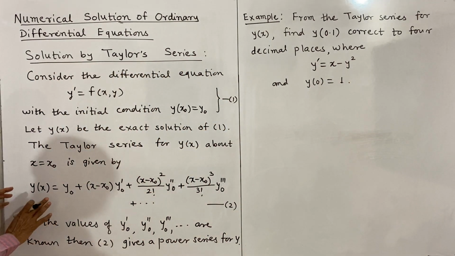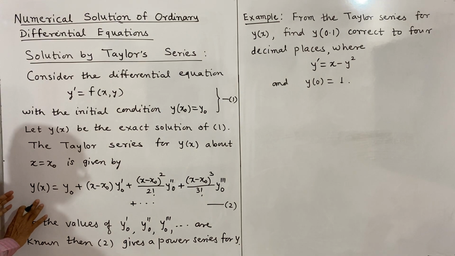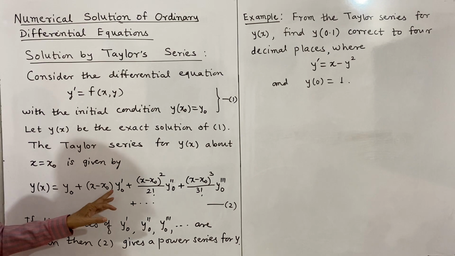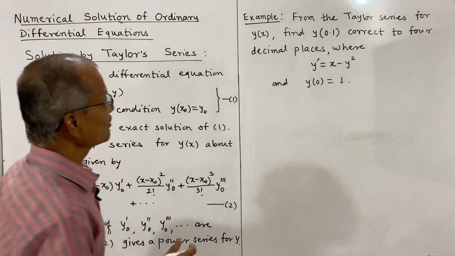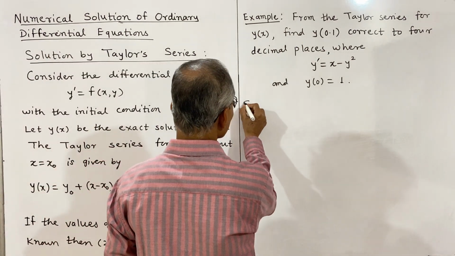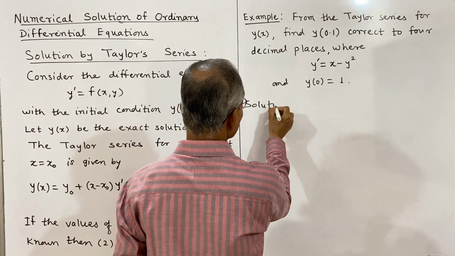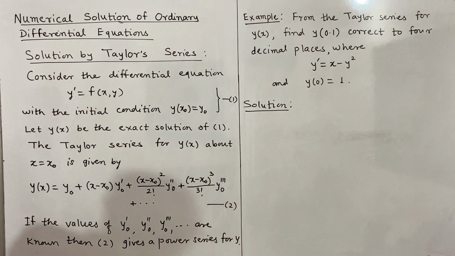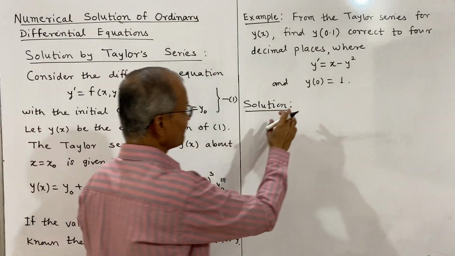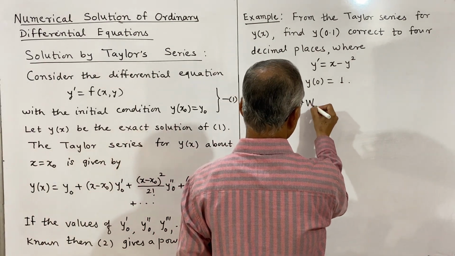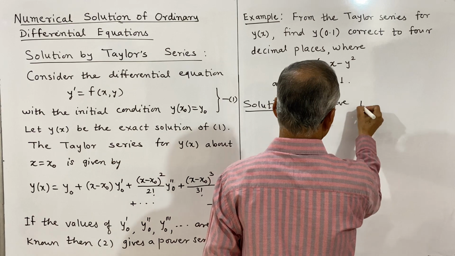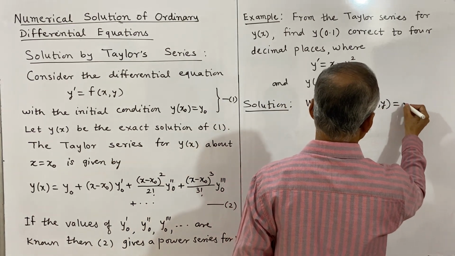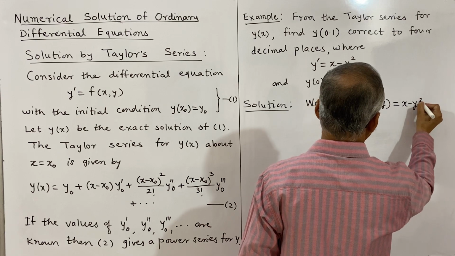And we should write this Taylor series, and then find the values of y naught and its derivatives to get the solution. So we start the solution as here. We shall first write the function f of x, y. We have f of x comma y, that is x minus y square.